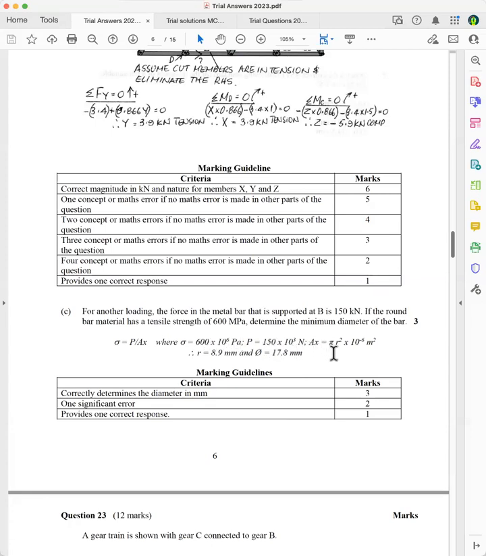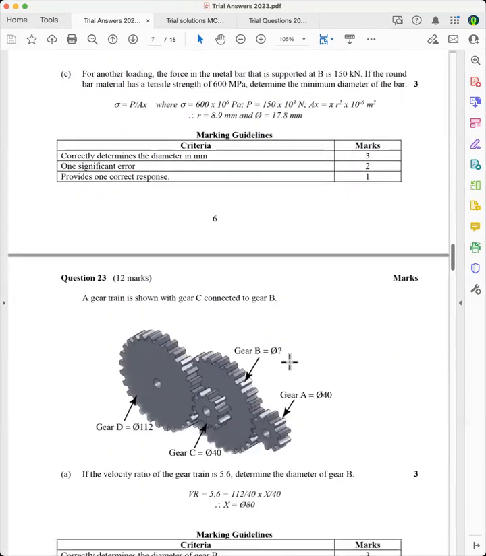Make sure that you multiply millimeters squared by 10 to the minus 6 to bring it to meters squared, and you'll get the radius if you use R there. Make sure you multiply it by 2. You can use pi d squared on 4 here, and you'll get the diameter straight away. And it works out to be 17.8 millimeters diameter of the bar.